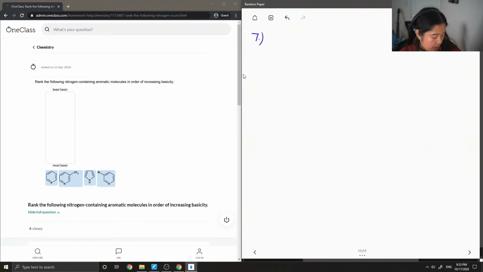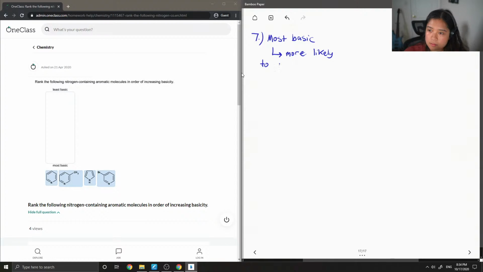Basically, when you have something that is the most basic, this means it's more likely to accept a proton. Okay, so I'm just going to write down all the molecules that they give us so we can go over each of them.